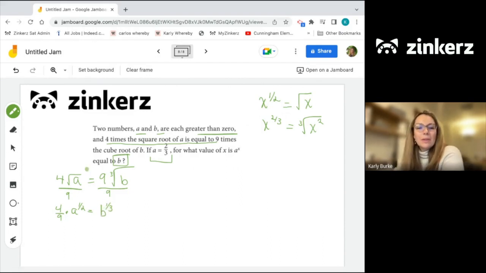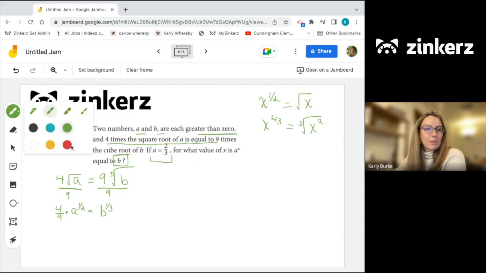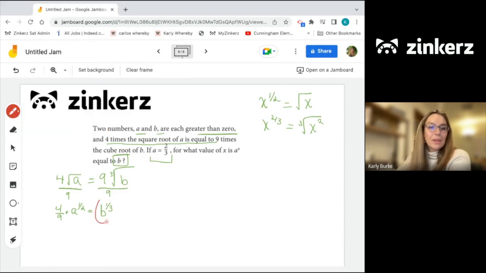Now, how do I undo the cube root of b, or b to the 1/3? That's right. I have to raise both sides to the third. Now, watch out, because you have to do it to every piece of the left side. So this becomes 4/9 to the third times a to the 3/2 equals b.